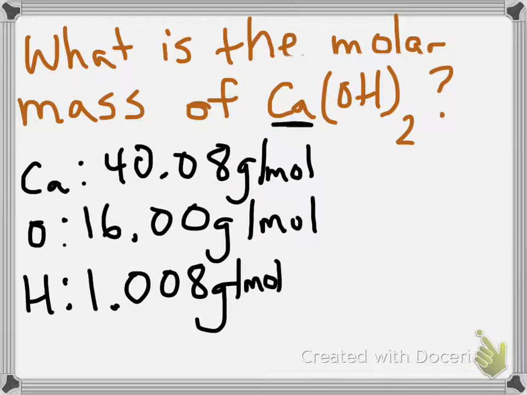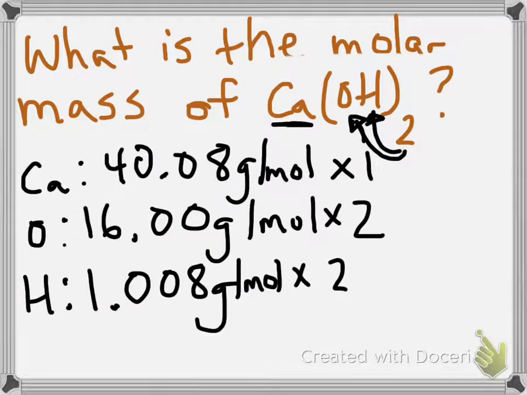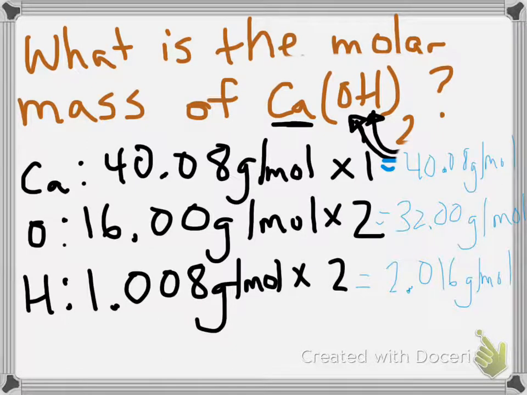Now, we have 1 calcium atom, but we have 2 oxygen and 2 hydrogen atoms. So we're going to multiply our calcium by 1, our oxygen by 2, and our hydrogen by 2. When we do that, we get our mass for 1 calcium, which is 40.08 grams per mole, our mass for 2 oxygens, which is 32 grams per mole, and our mass for 2 hydrogens, which is 2.016 grams per mole.